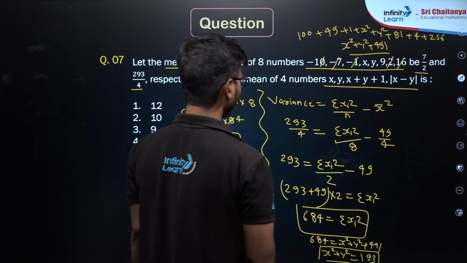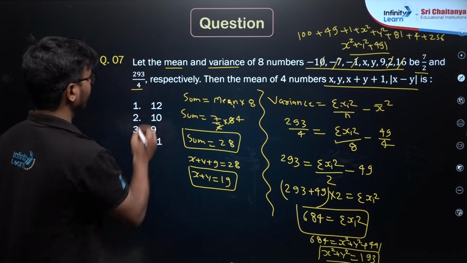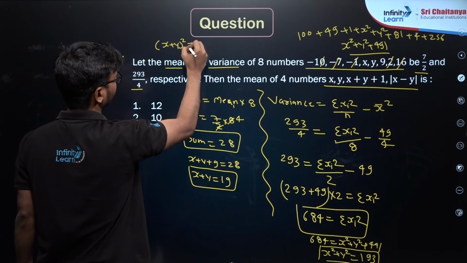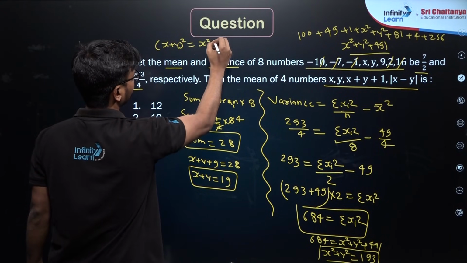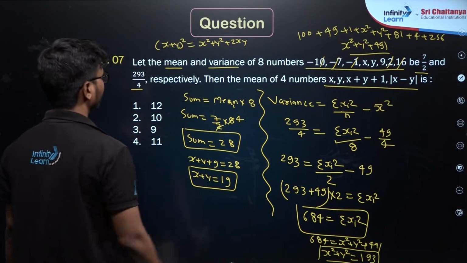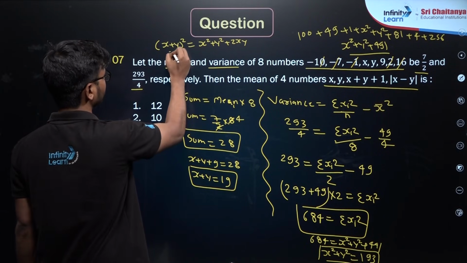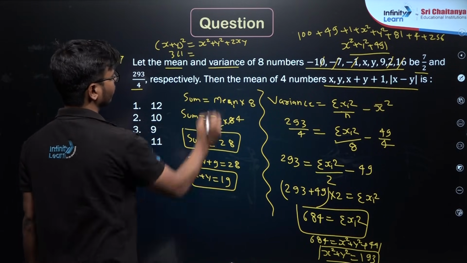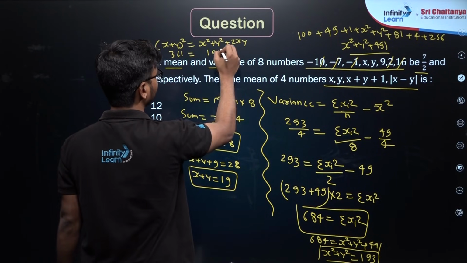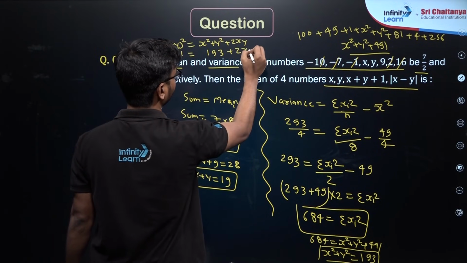Now we can solve. We are having x plus y the whole square, that is nothing but a square plus b square plus 2 times ab. So x plus y value is 19. 19 square is 361, equal to x square plus y square, which is 193, plus 2 times xy.